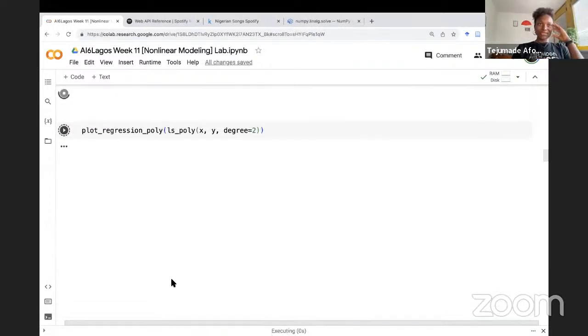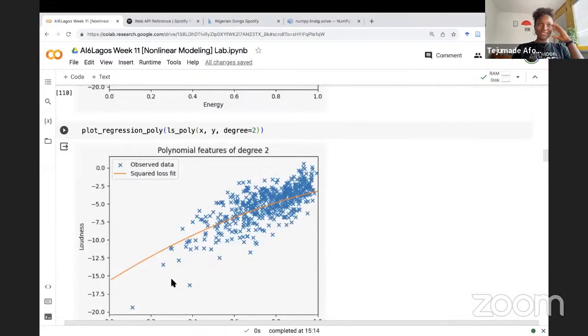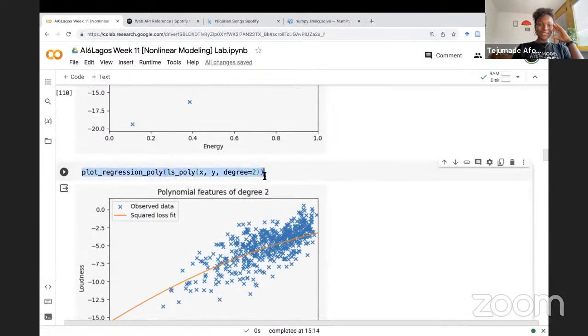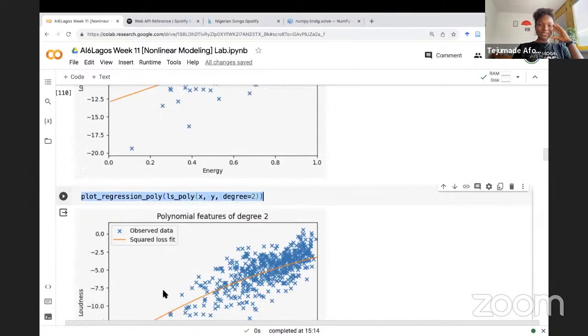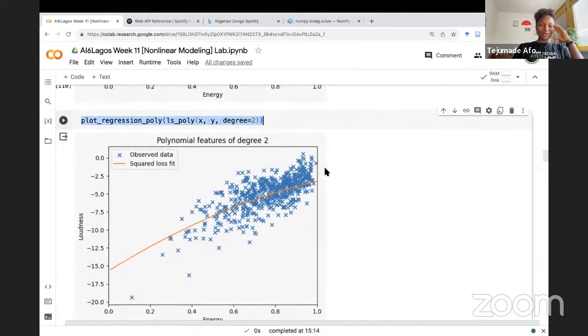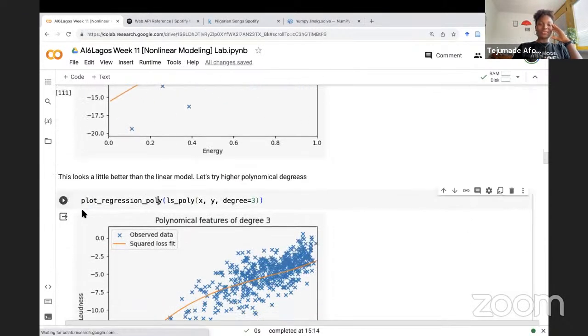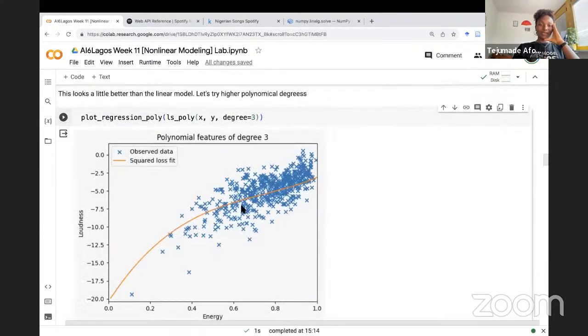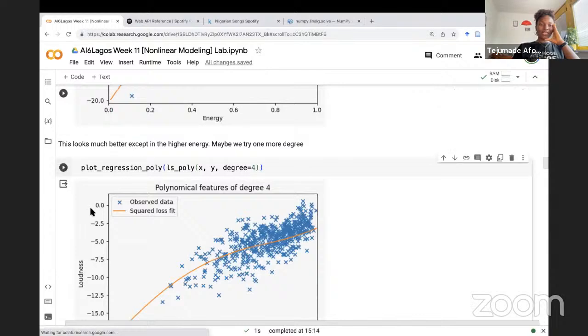So the second one, if you do degree 2, you see that now we are fitting a different one. And these are the things I was showing in class. Degree 3, we have now another one, and you can just keep going.